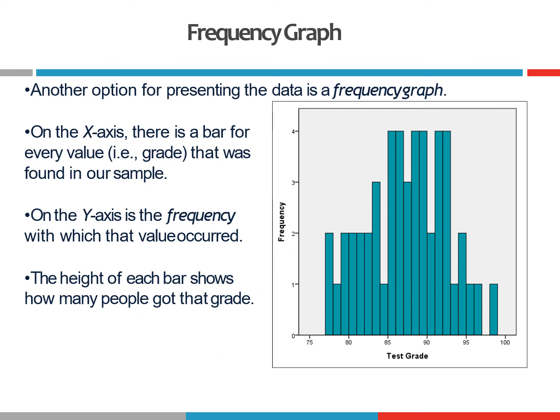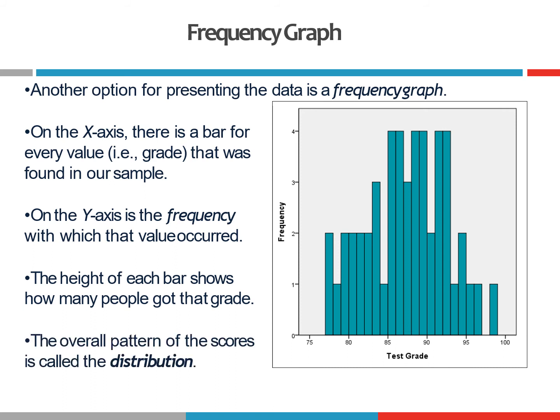So a frequency graph is another example of how we can glean a lot of information simply by glancing at it, rather than having to do any sort of calculation. Okay, and the overall pattern of the scores, or the shape of the bars, is called a distribution of scores, okay? So the overall pattern of the scores is called a distribution.